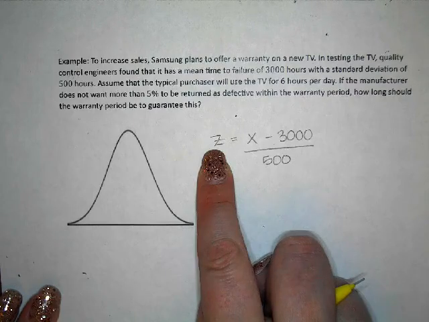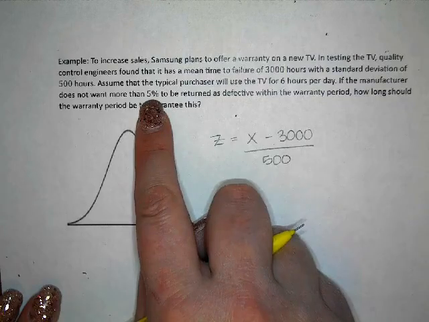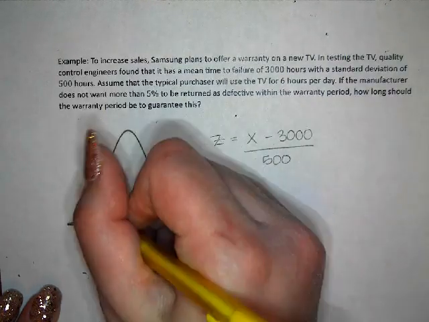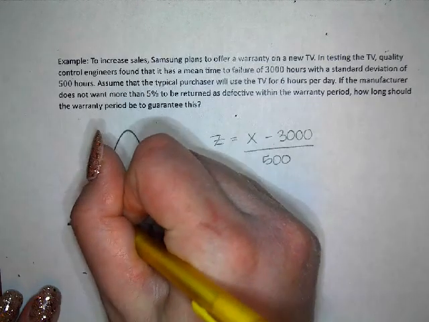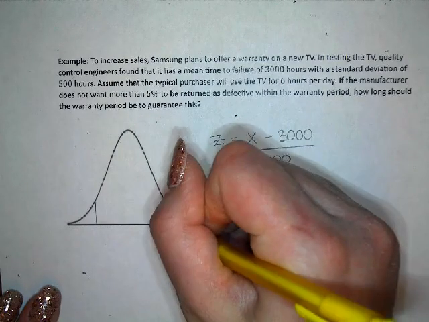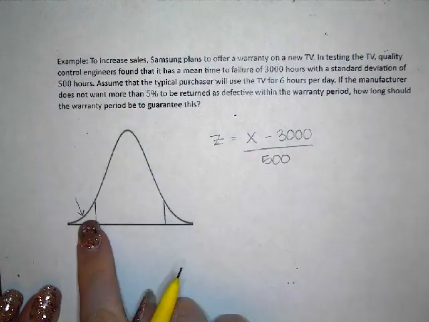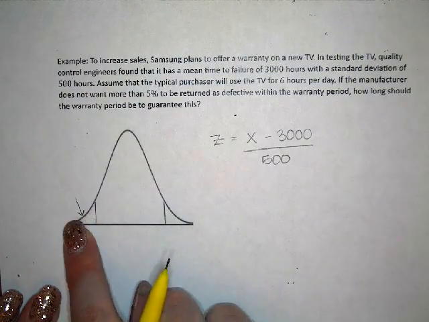So we want to figure out the z-score so that we can figure out what the bottom 5% is. We want to figure out how many are failing and what this bottom 5% is.